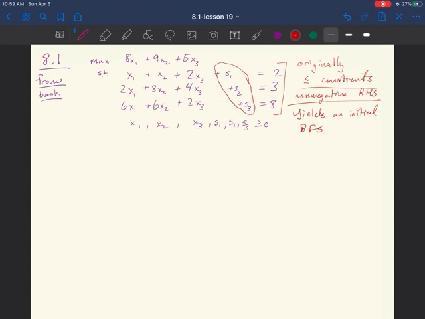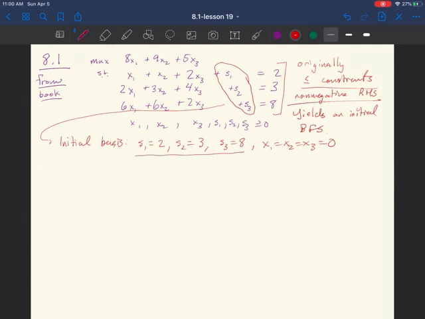Using these new slack variables, these are going to become our initial basis. And it's a nice initial basis because we instantly have S1 equal to 2, S2 equal to 3, and S3 equal to 8, and X1 equals X2 equals X3 equals 0. That is clearly a basic solution, and clearly a basic feasible solution, because it's non-negative.